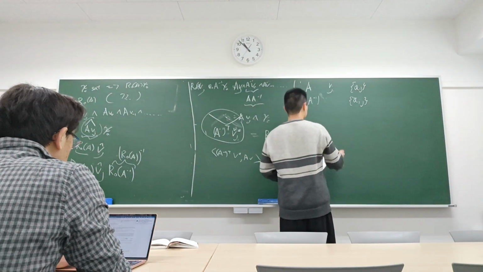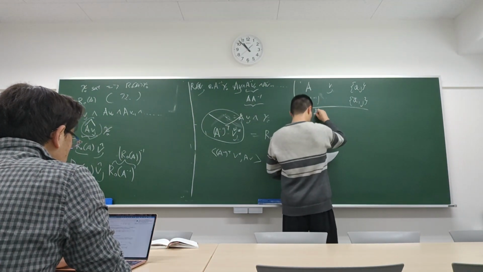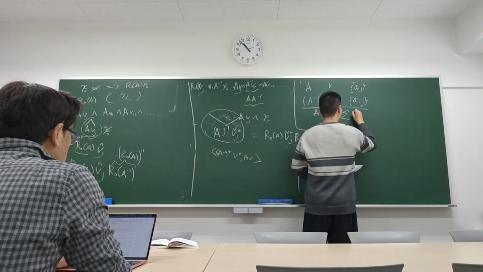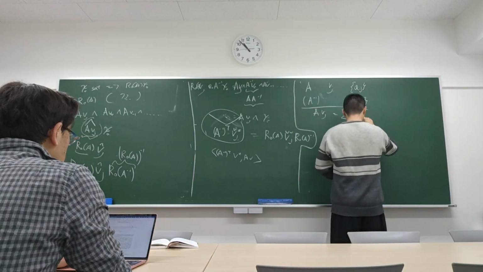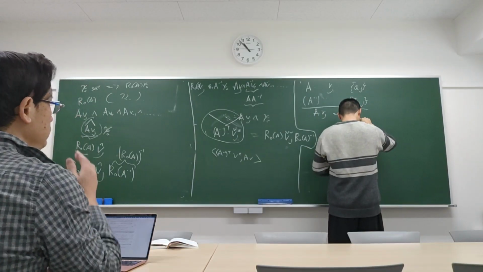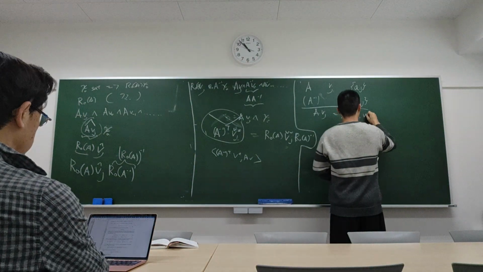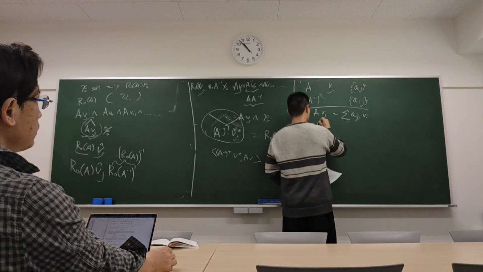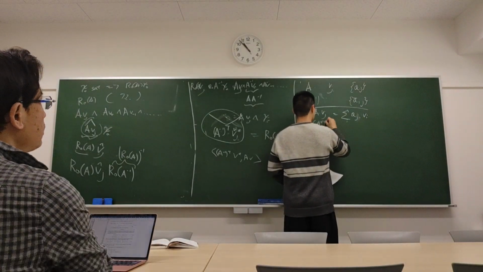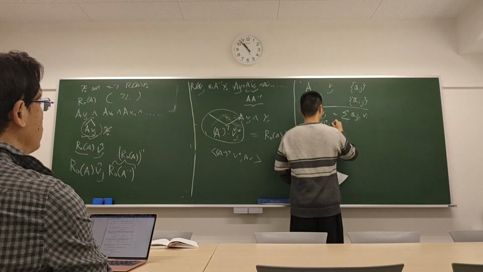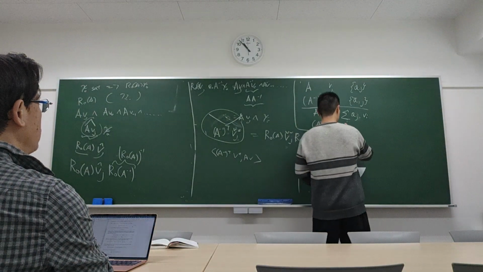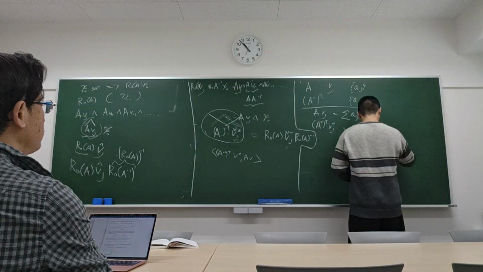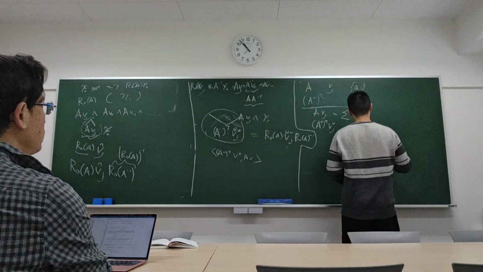Okay. So what this means is that you have A hitting Vj. This gives you Aij, Vi, sum over i. And then when you have A inverse transpose hitting V star j, this gives you a bar kj Vk star.